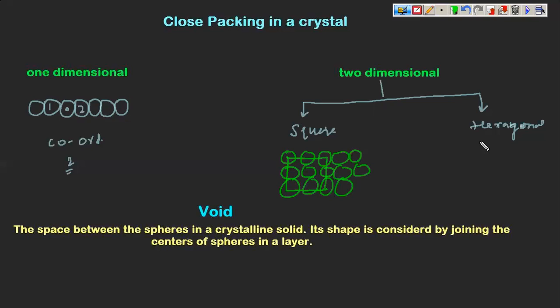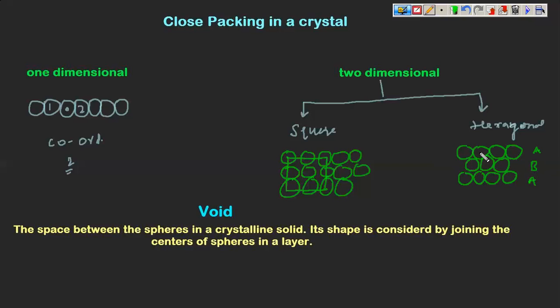Another way: if the second row of particles is placed in the depressions formed by the first layer, this is hexagonal close packing. Suppose this is A row, then it is B row, and then again A row.